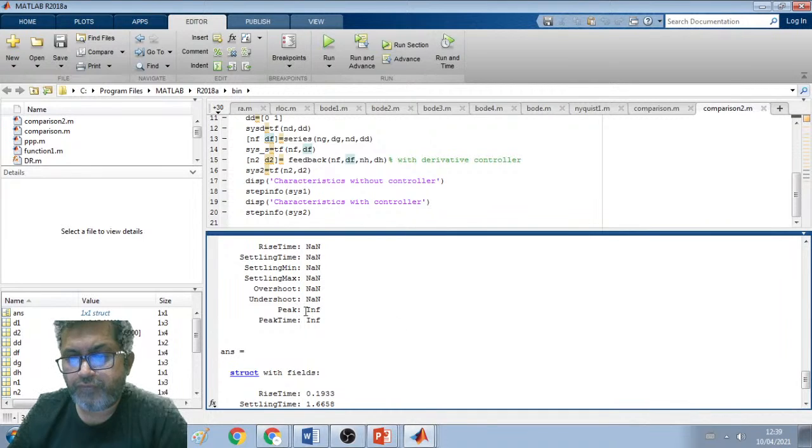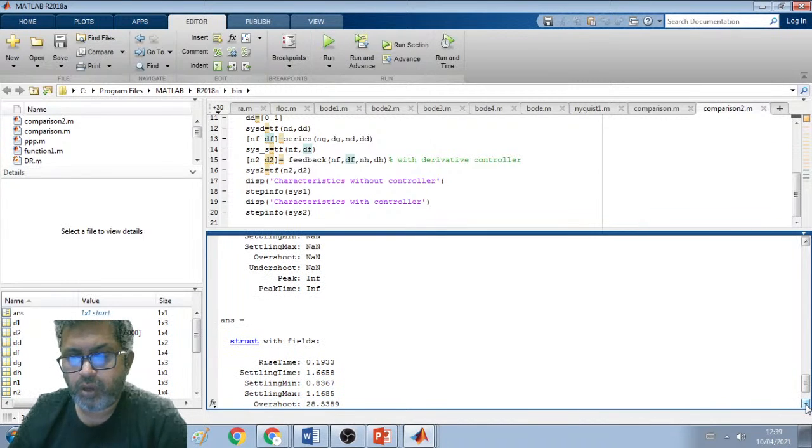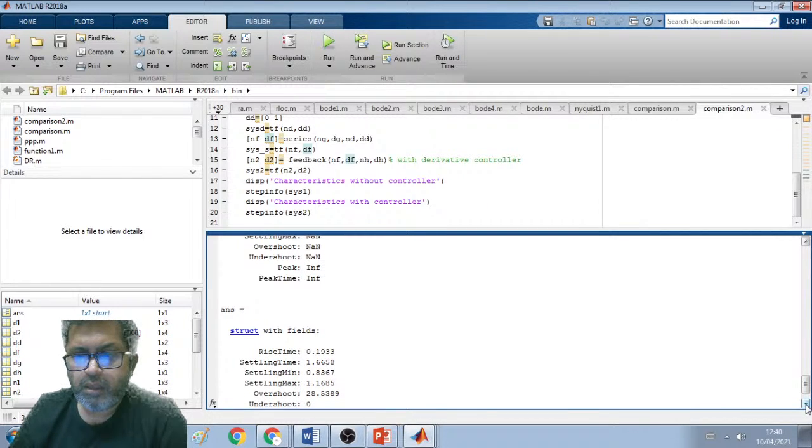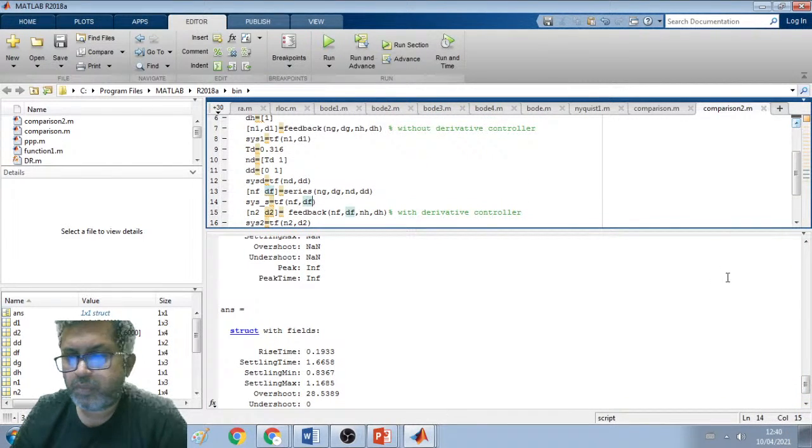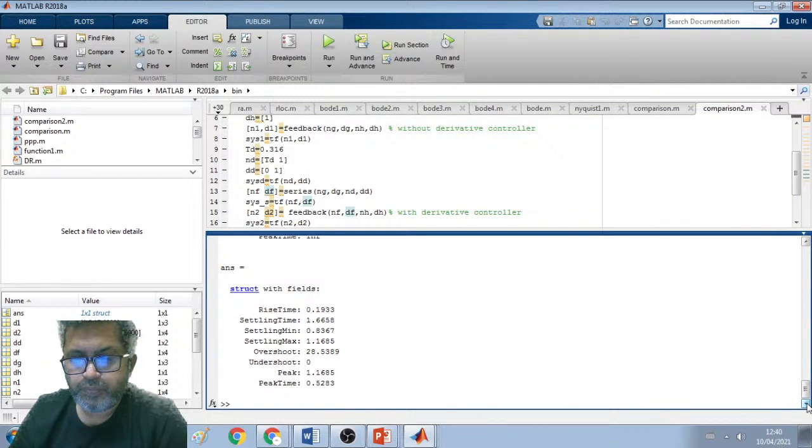See, peak is infinity, rise time is very less, very high, not a number. So you can see how the parameters are controlled here.